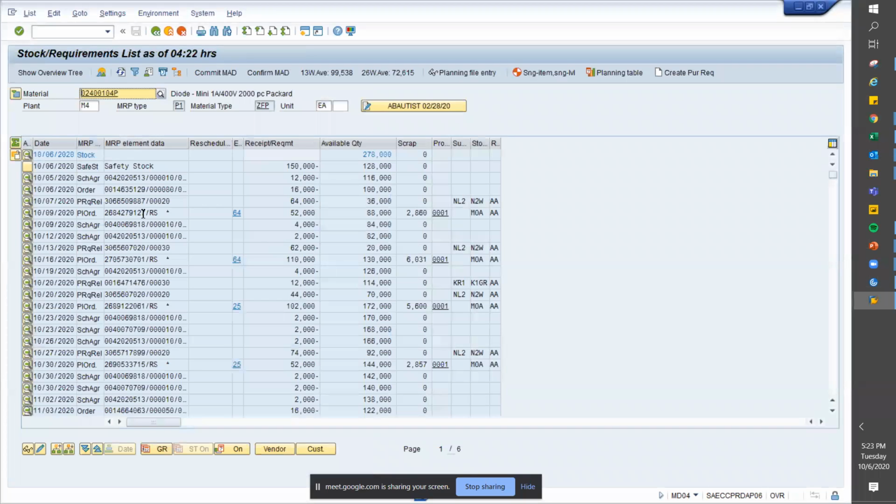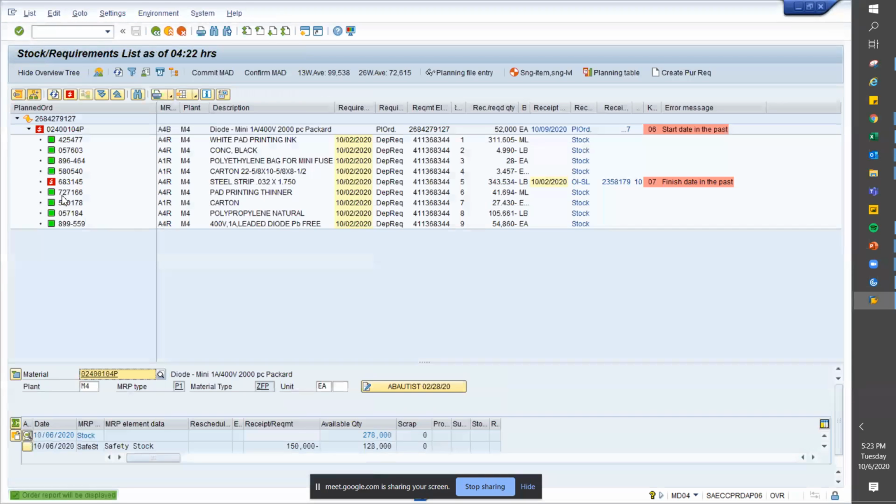Check na uli natin. So once again, the plan is 52,000 pieces. And then if you look dun sa bill of materials, ito lang yung tinignan natin isang to kasi ito yung madali. Ayan, 1:1 siya. Sa bill of materials, check natin.